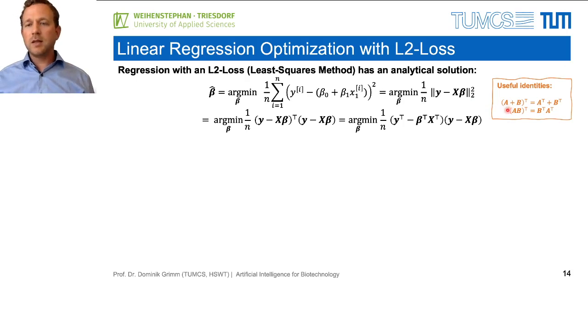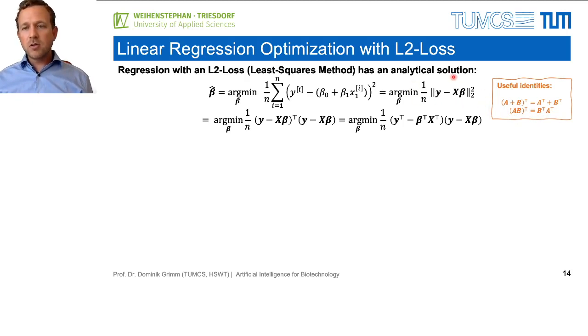One identity is that (A plus B) transposed is nothing else than A transposed plus B transposed, and that (A times B) transposed is nothing else than B transposed times A transposed. So now the matrices are switched when we transpose the multiplication.